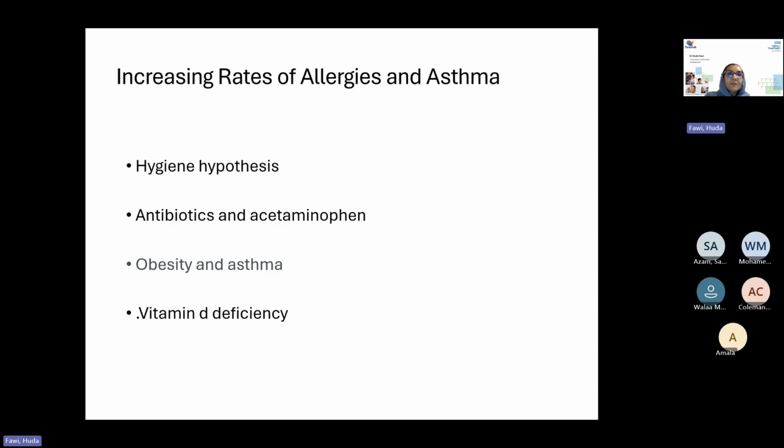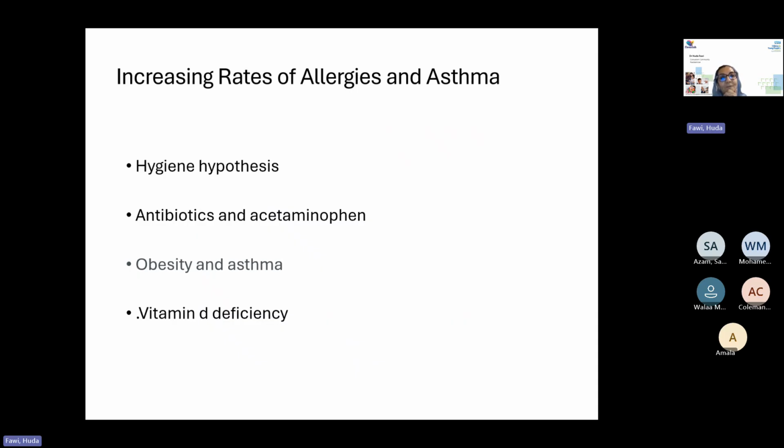We do know that children who are born second or third in a family have more exposure to viruses and illnesses compared to the first child, and children born as well on farms and so on have lower risk of having allergic illnesses compared to others. Also, the use of antibiotics during pregnancy, during labor, and later on as a child grows up, that's an increased risk of allergy and asthma.